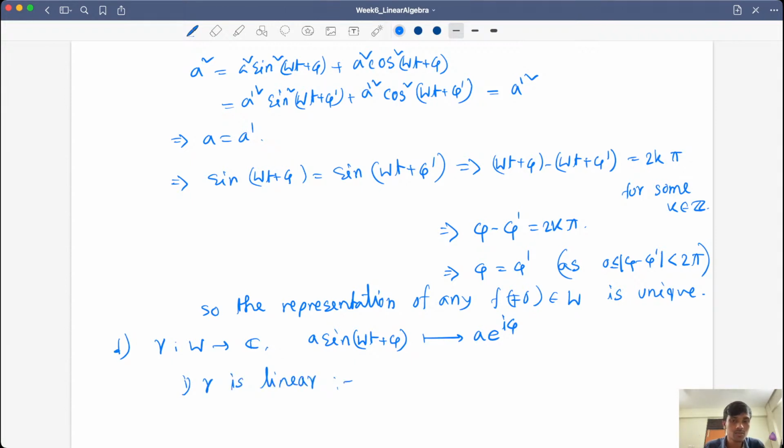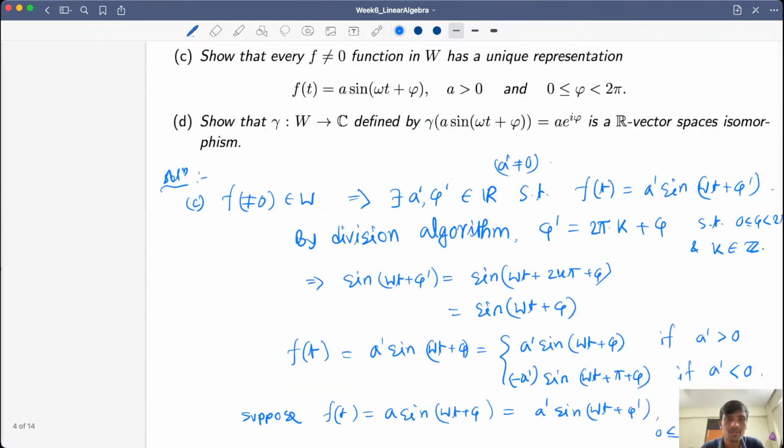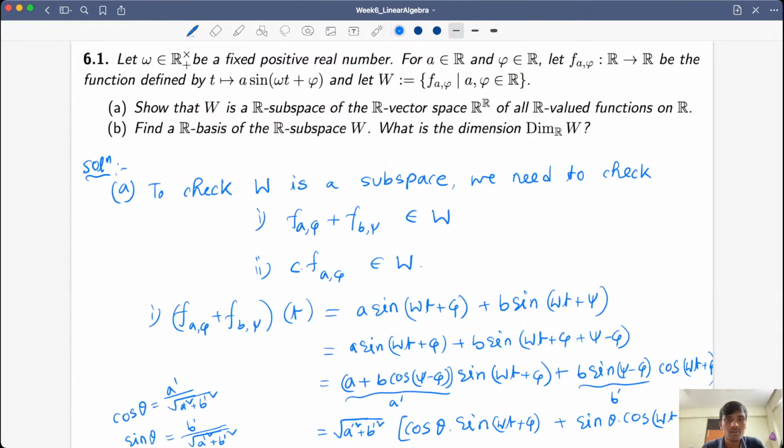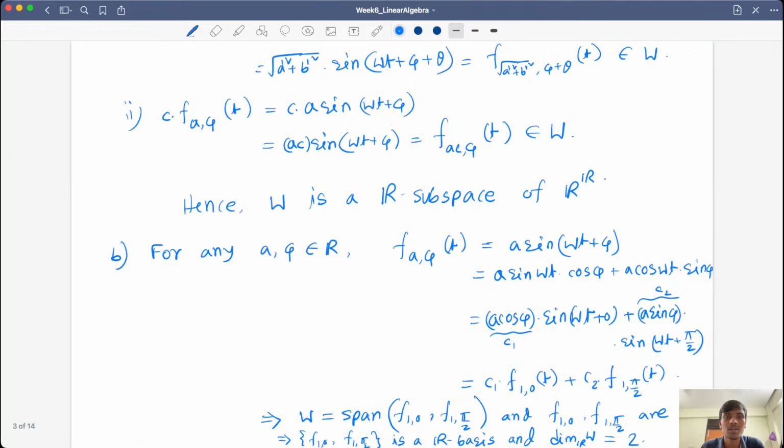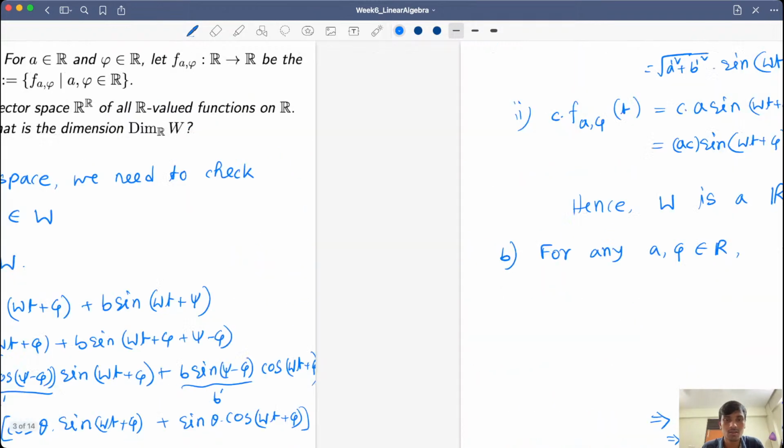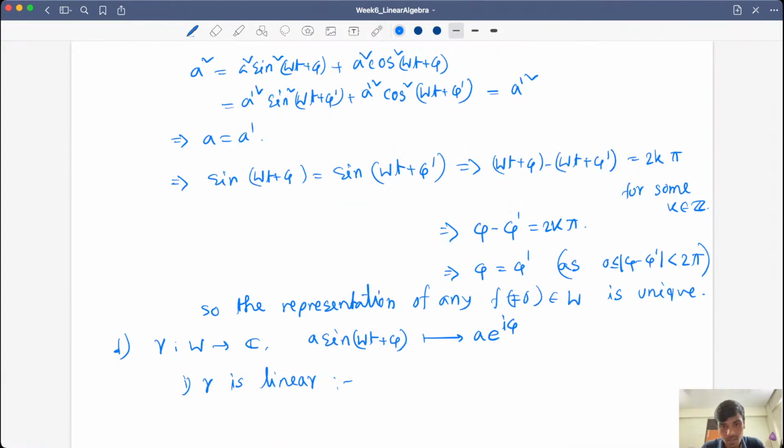To show linearity, again I need to check that if I add these two things here, that will be added up here. We have just seen in the previous part that when we add two things here, that will give us this kind of thing, sine omega t plus phi plus theta. So I'll borrow this: a sine omega t plus phi, if I add it with b sine omega t plus psi, that gives me some a prime and b prime.